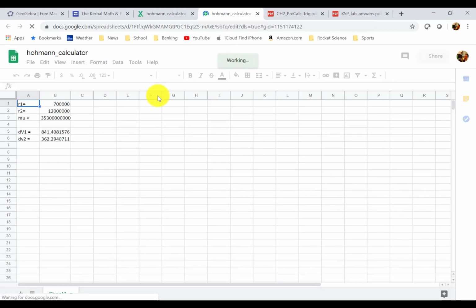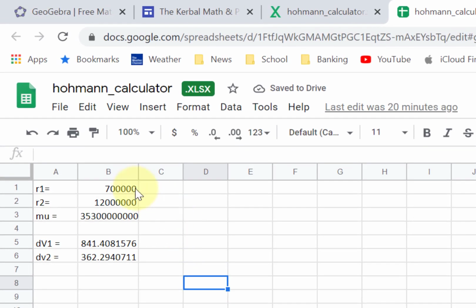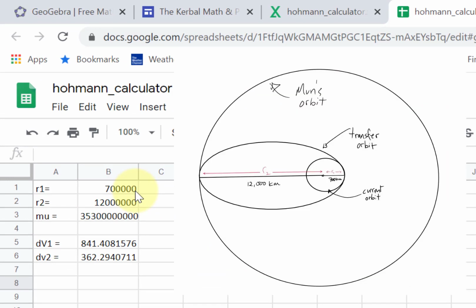So opening up this, I already have set the radius 1 for the circular orbit, it's 700,000 meters because it's an altitude of 100,000 meters and a radius of the planet of 600,000. And I want to reach the Mun, which has an orbital radius of 12,000 kilometers, or 12 million meters.